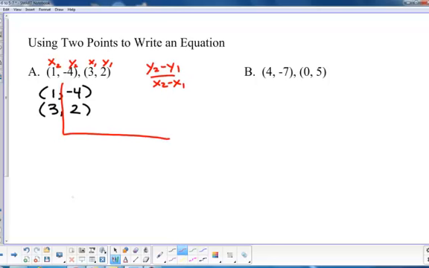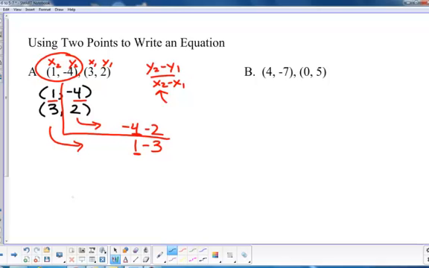It doesn't matter which point you label 1 or 2. I'm going to translate these 2 numbers over here. So negative 4 minus 2 and these 2 over here. 1 minus 3 in the same order. So since I use negative 4 first, I have to use 1 first. Negative 4 first and 1 first. Those are both my second points right here.